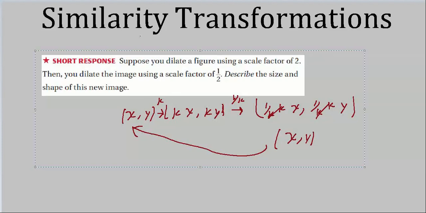And by the way, when you have something like that, in the future you may hear the word inverse transformation. That's exactly what they're talking about. The transformation which takes you right back to where you started. If your scale factor k, if you want to call that a k transformation or a k dilation, then 1 over k is your inverse transformation. I'm not sure if we'll use that term in this book, but it's a good one to know because it'll come up in many other math classes.